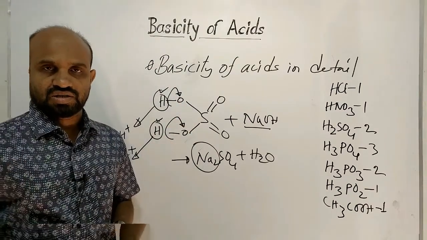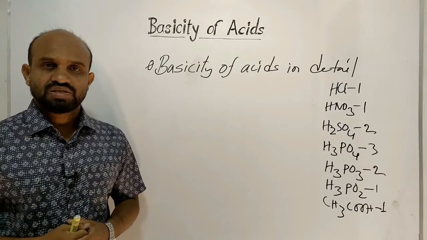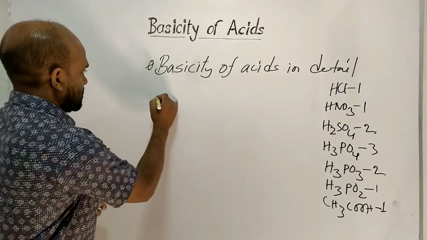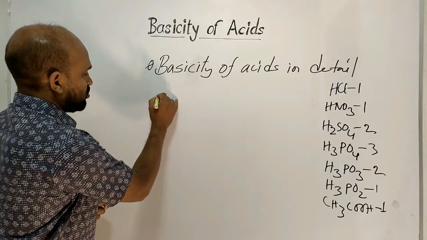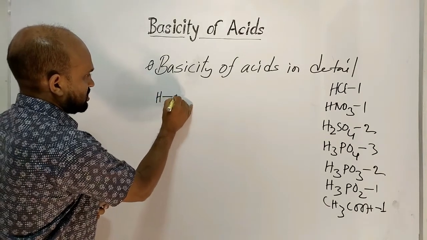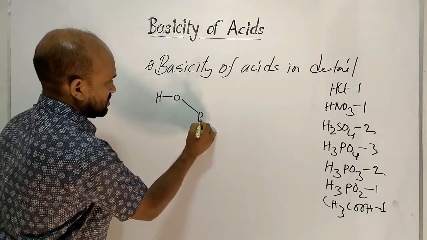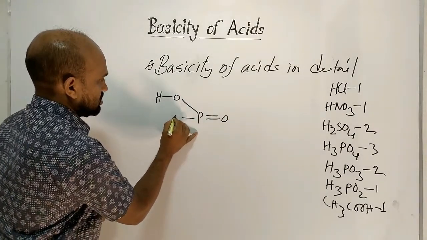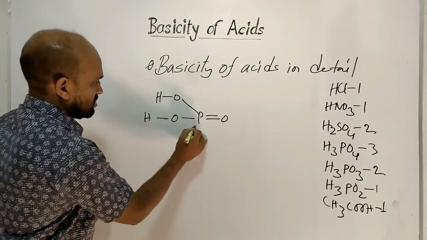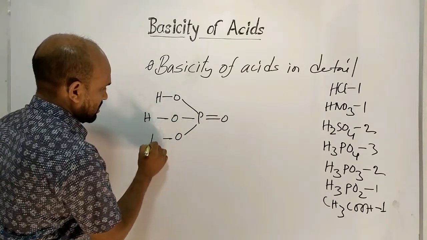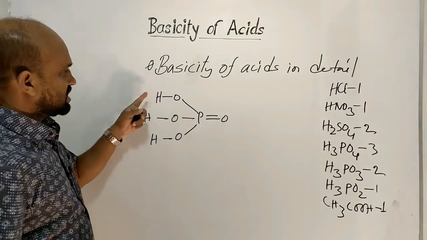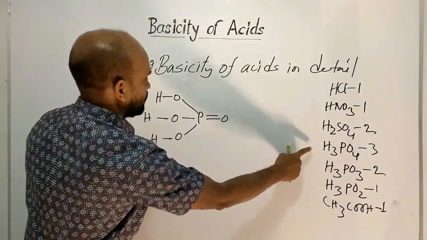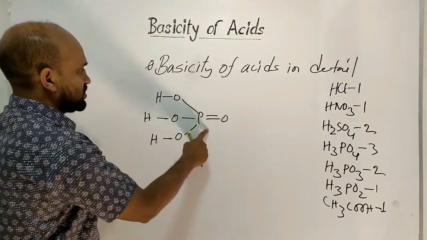Let's see another acid. Now the basicity of phosphoric acid. The structure formula of phosphoric acid is H, O, P. This is oxygen, hydrogen, hydrogen. That means H3PO4.